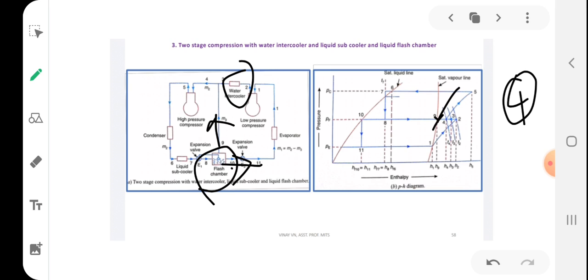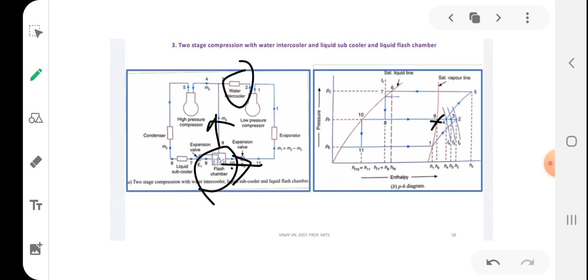Whenever the state of the refrigerant moves away from the vapor dome, the work increases. So it will be favorable for decreasing the compressor work if the intercooler cools the refrigerant such that it reaches the saturated vapor line. But by using a water intercooler you cannot reach that state.